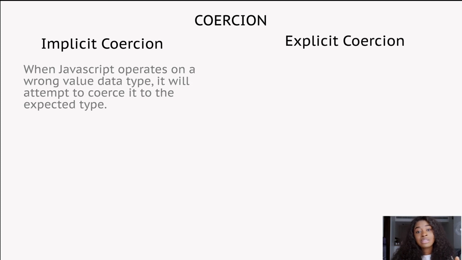When you as a developer are obvious about your intention to convert a value from one type to another using inbuilt functions like Number and String, that is explicit coercion.